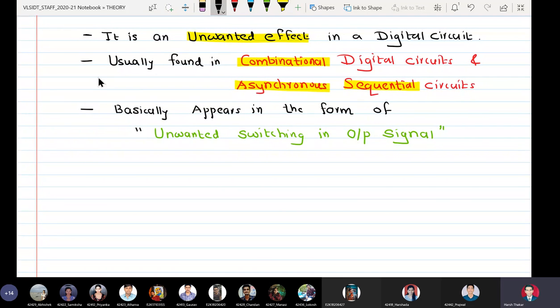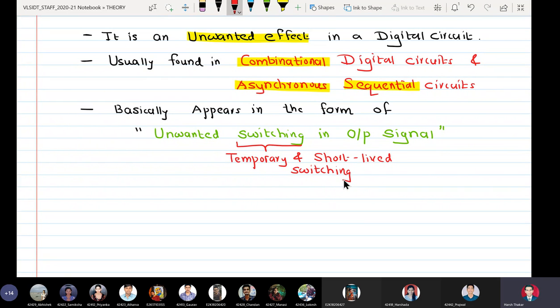Okay, and another thing is that this switching is actually temporary and short-lived.